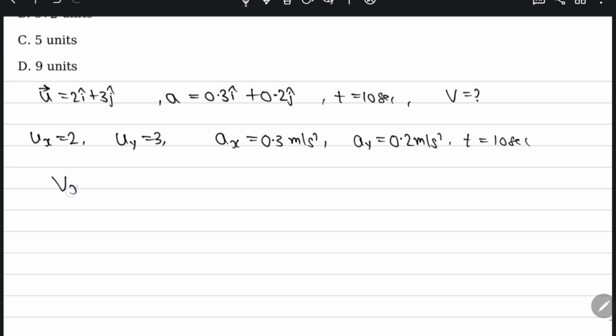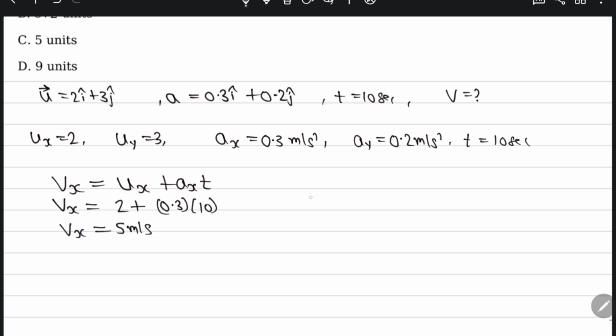So we can find the x component of velocity. Vx is equal to ux plus ax into t, which is 2 plus 0.3 into 10, so velocity in the x direction is 2 plus 3, 5 meter per second.